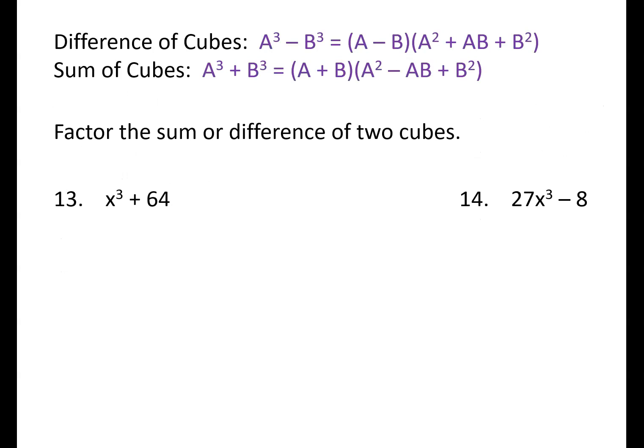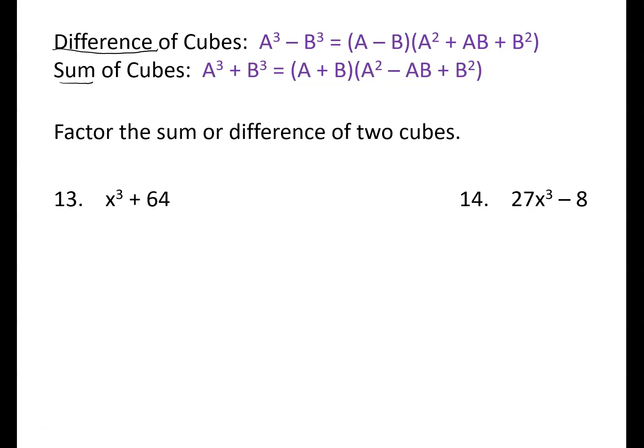Now, when we have a polynomial that has only 2 terms in it, if they are both perfect cubes, we can factor it no matter what the sign is. If it's a difference of cubes, we can factor it. If it's a sum of cubes, we can factor it using a formula. So for these, you really kind of need to memorize the formula.